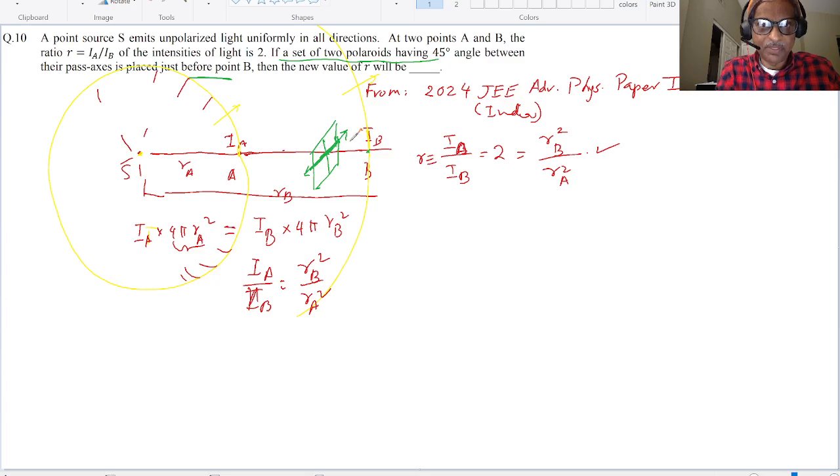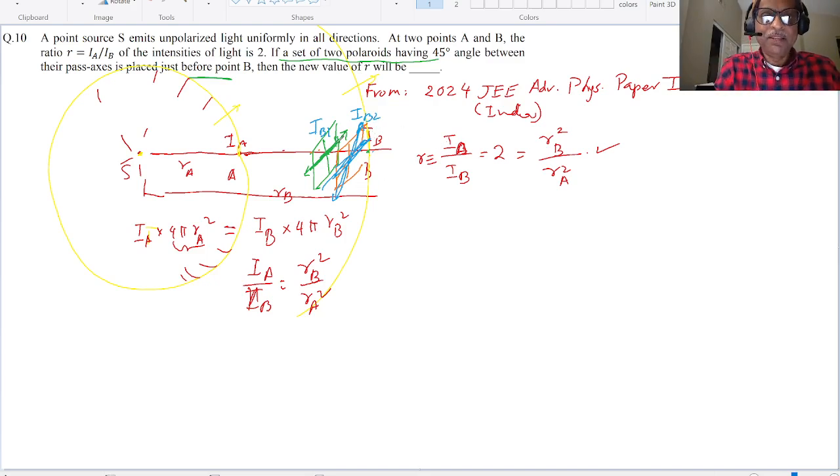Just before this, at the same point, let's say these two are very close to each other, so we don't have to worry about the distance business. For the other, the passing axis is that. Let's call the intensities IB1 and IB2, just before B.